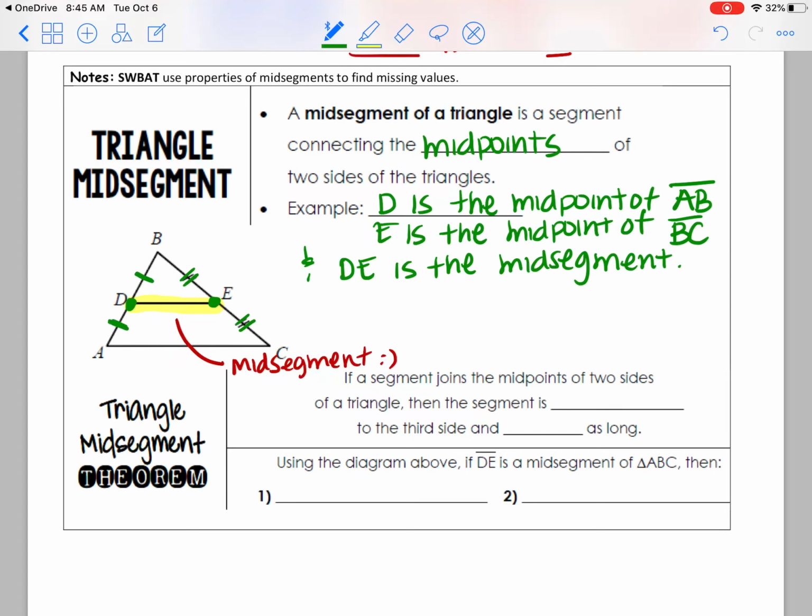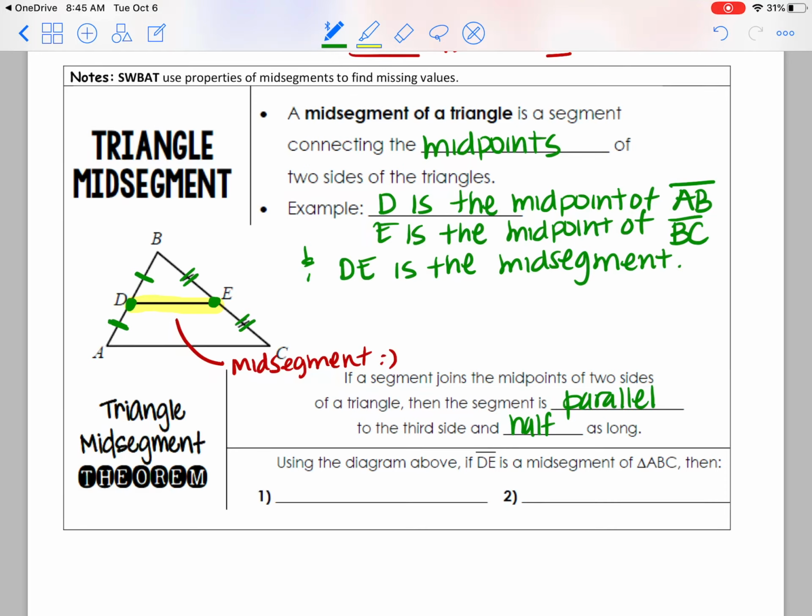The triangle midsegment theorem states that if a segment joins the midpoints of two sides of a triangle, then the segment is parallel to the third side and half as long.